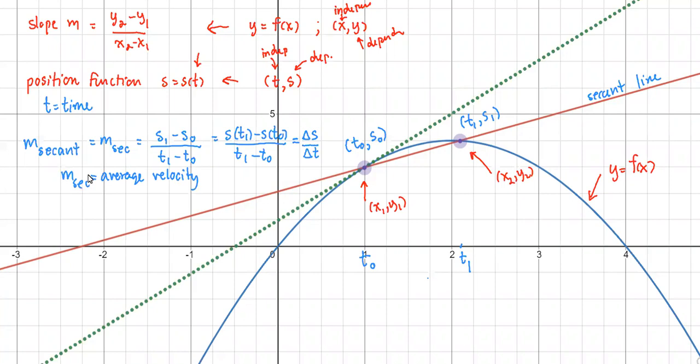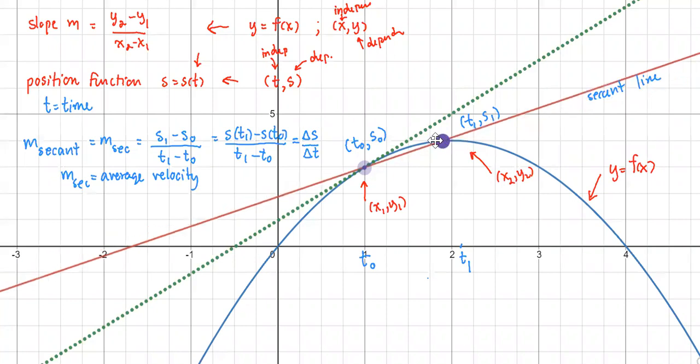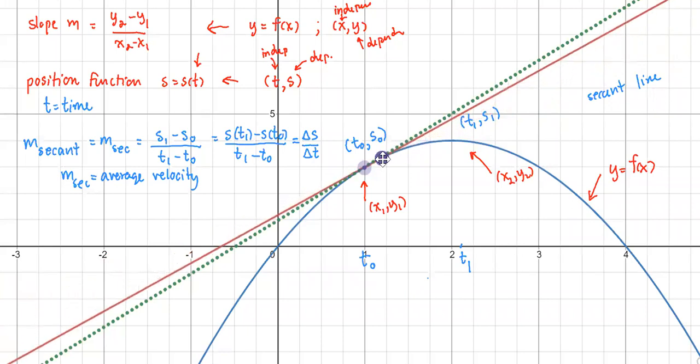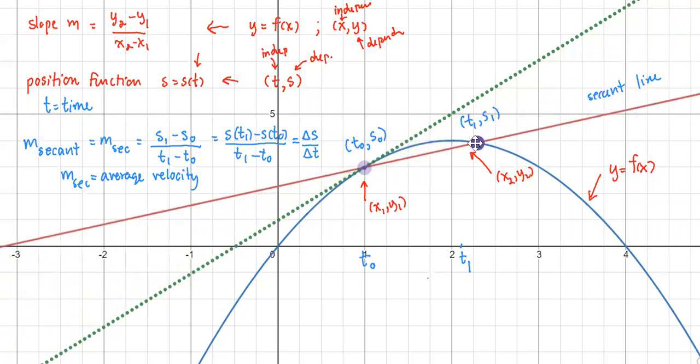Okay, now I'm gonna stop using the annotate. So I'm gonna get rid of this one. So if we move the point here closer and closer and closer to the other point, you see the simulation here. Further away, the secant line is very obvious.